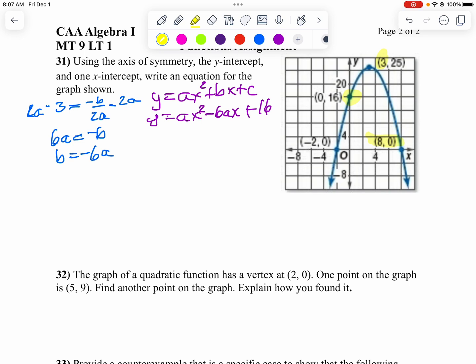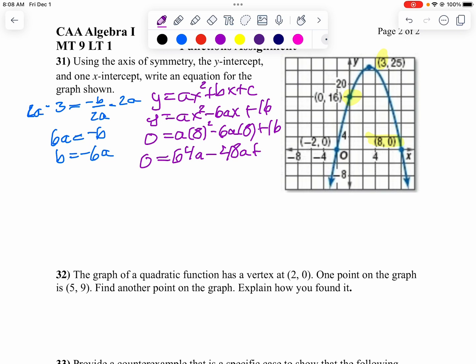So in other words, we're going to say 0 equals a times 8 squared minus 6 times a times 8 plus 16, or 0 equals 64a minus 48a plus 16. Well, 64 minus 48 is 16a.